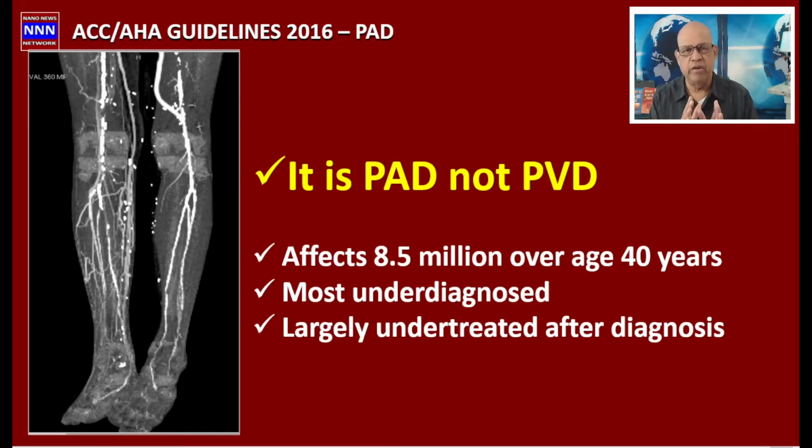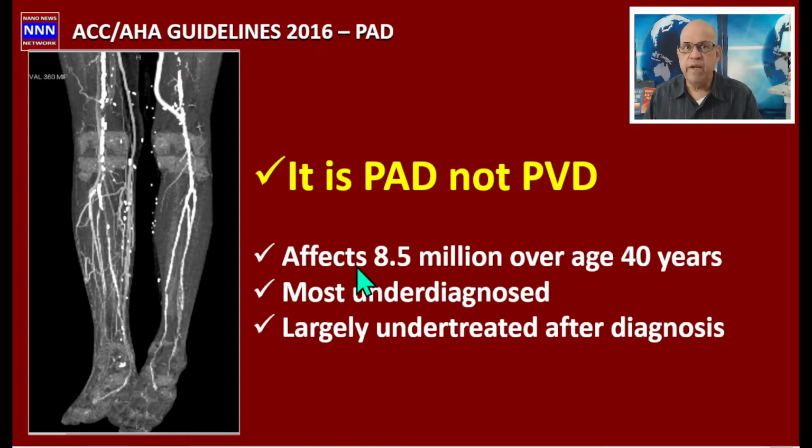Because PVD referred to arterial disease, venous disease, and lymphatic disease, and static edema and things like that. So this is more in tune with what we are really talking about, that is the occlusion of the arteries or the bypass grafts supplying the lower extremities.